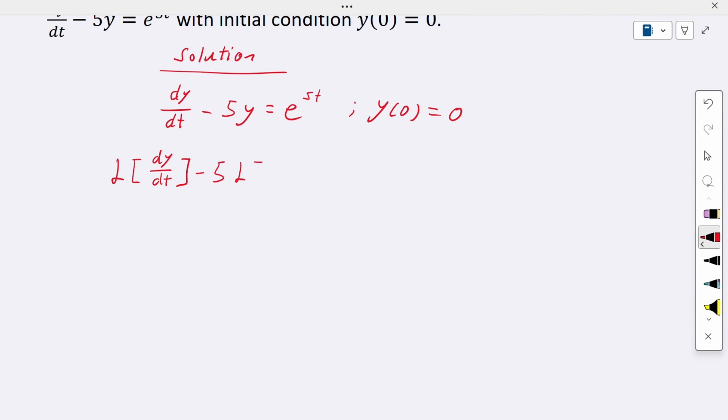So we have Laplace of the left side equal to Laplace of e^(5t). Okay, so here we have x, capital Y(x), minus initial condition, minus 5 capital Y(x). So the Laplace transform of e^(5t) is equal to 1/(x - 5).